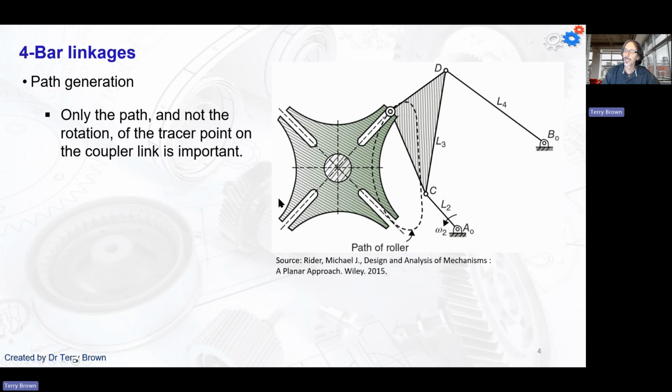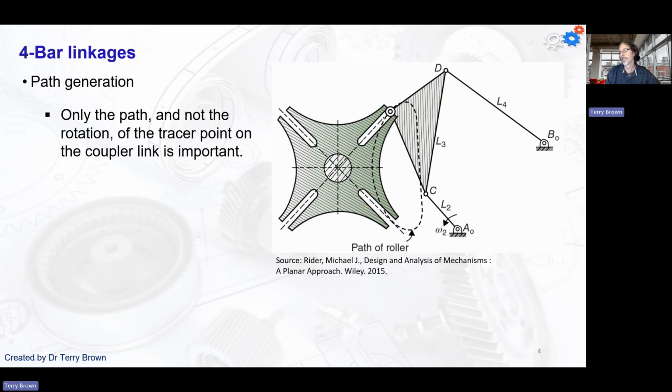Here it's rotating this around in stages. What's that, 90 degrees at a time? Or, you can see on the right-hand side of this dashed line here, it's approximately straight. So another application of this is to index something along in a straight line.